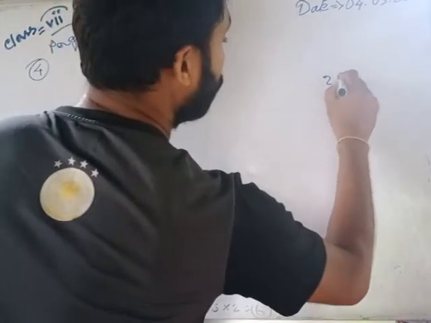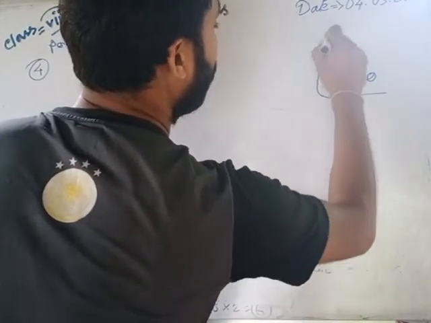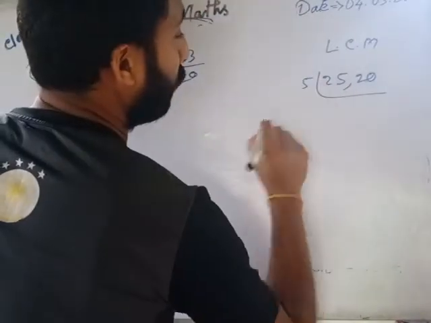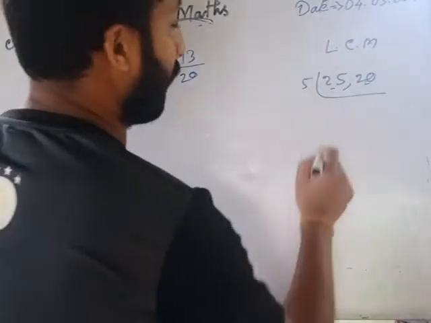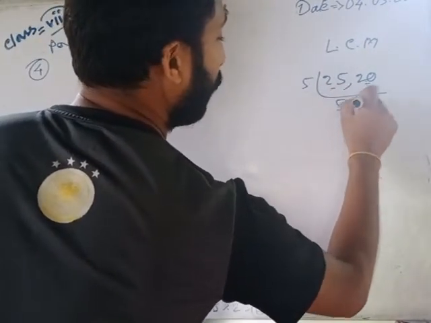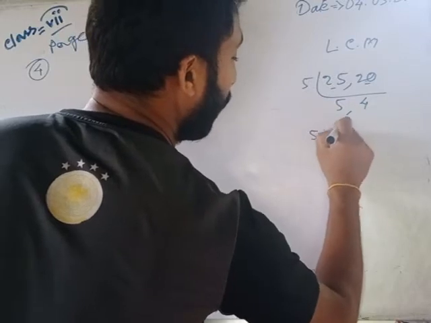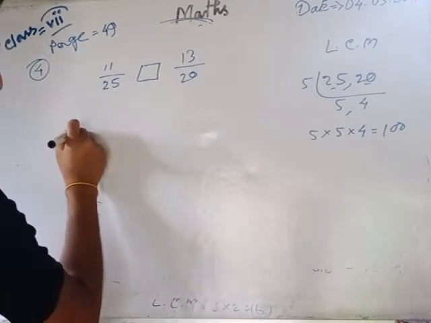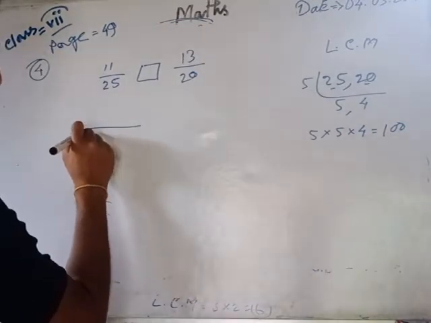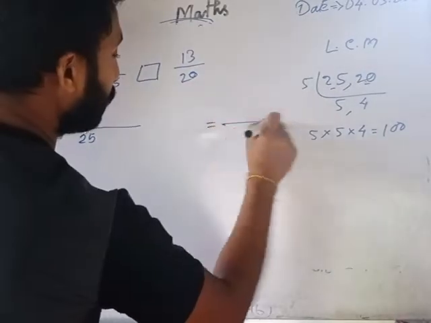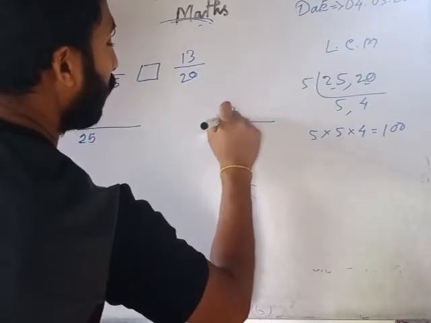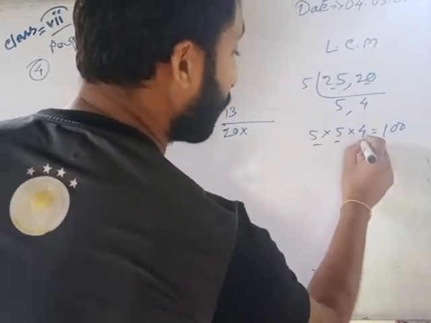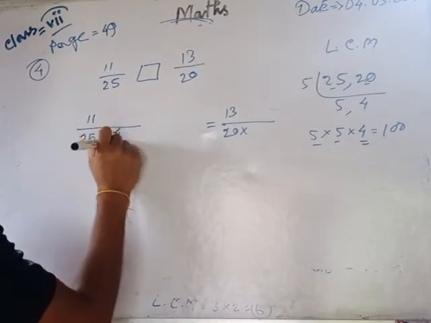That means at first we should find out the LCM of 25 and 20. 25 and 20 are also divisible by 5. 5 5s are 25, 5 4s are 20. That means the LCM is 5 multiplied by 5 and 4. That is 100. So for 25, 5 5s are 25, that means 4 is left, so we should multiply 25 with 4.